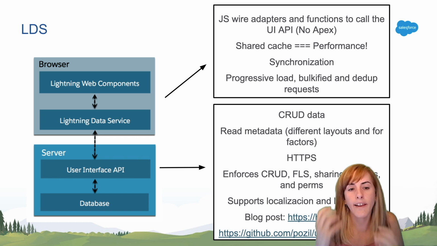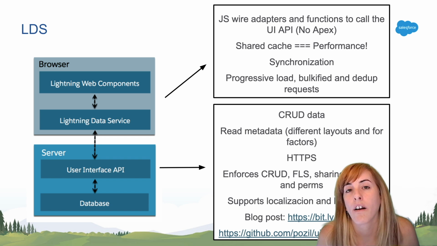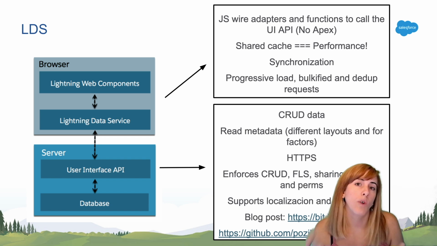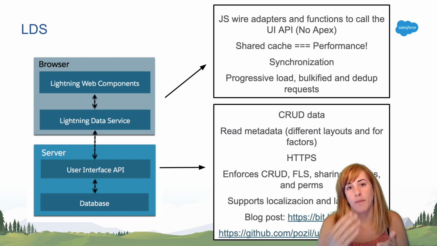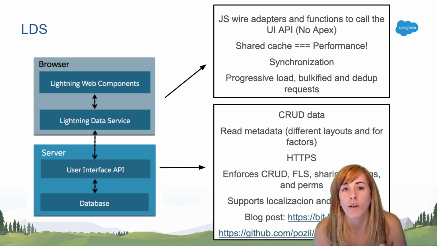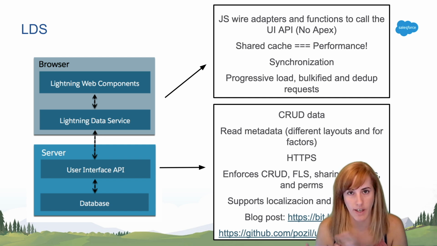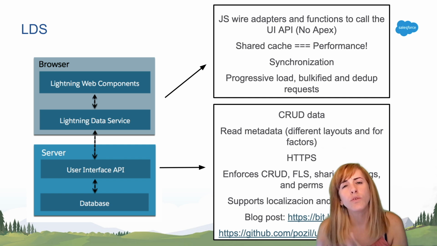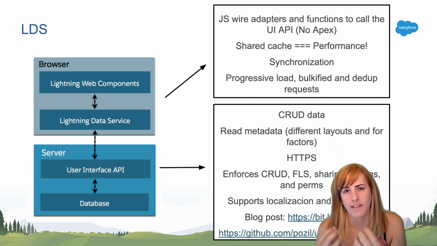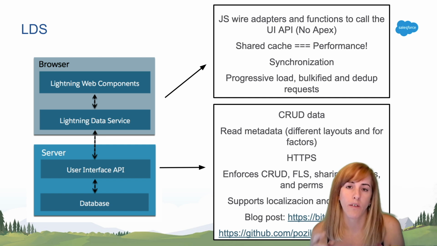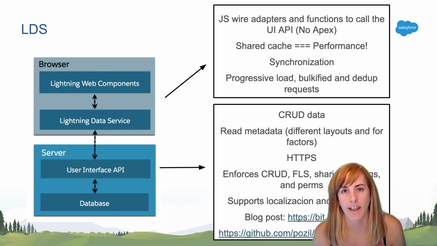Okay, so Lightning Data Service are a set of functions that you can import in your Lightning Web Components and that behind the scenes call these endpoints that belong to the user interface API. But they do that in a really smart way, as I said before. Why? Because, well, first, they have a shared cache implemented in the client.